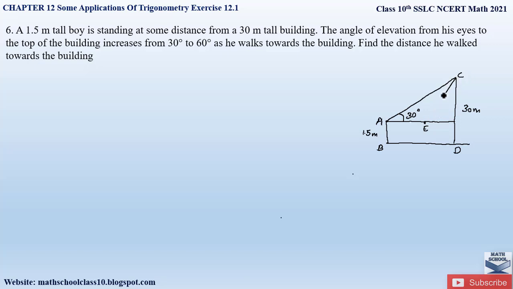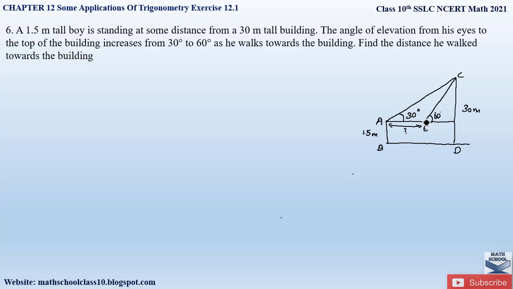Okay, now the angle of elevation is 60 degree. Okay, so we have to find out the distance he walked towards the building. We have to find out this distance AE, how much he has walked. Okay, so this distance we have to find out.